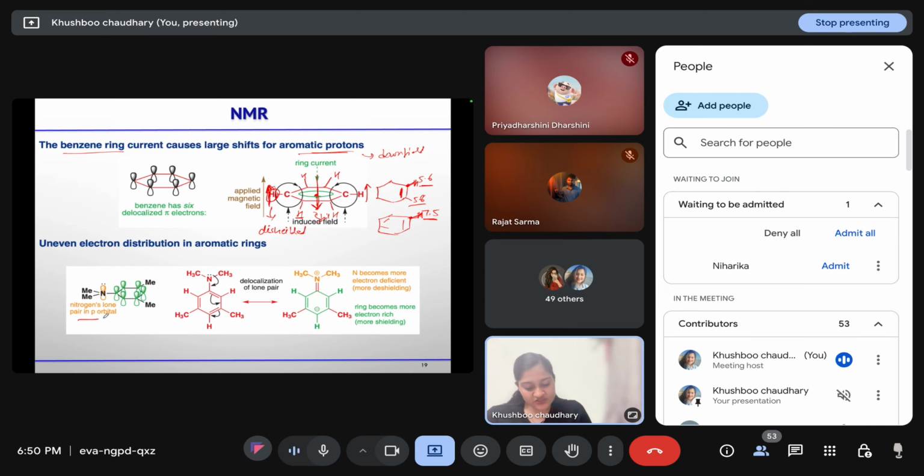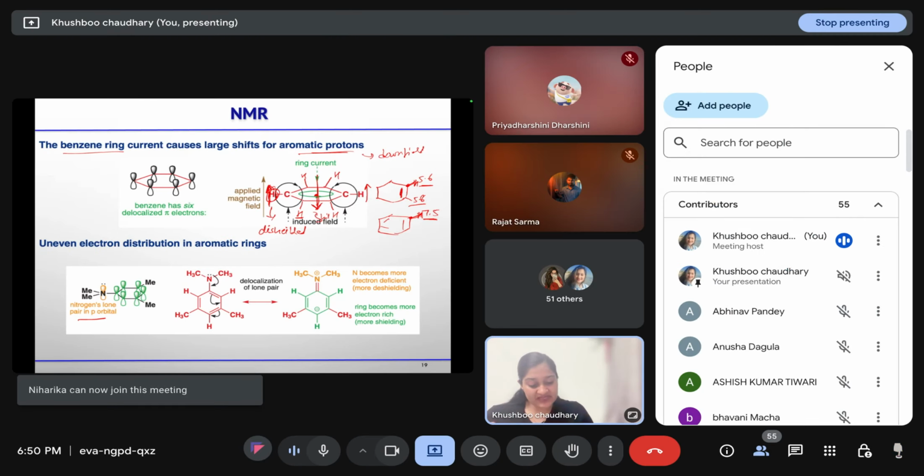For example, in the case of amine, the amine will donate electrons through the plus R effect, so electron density on the carbon will increase. That means this proton will now be shielded, so it will be upfield compared to the other hydrogens attached to the benzene. Is this fine?